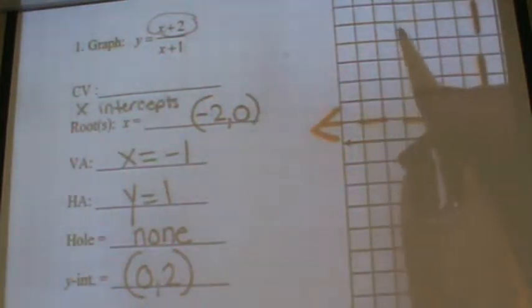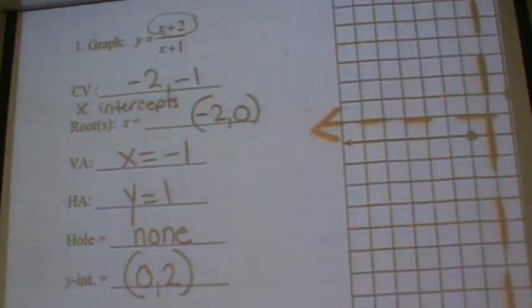Now, this CV. CV stands for critical values. You are going to take the numerator and the denominator. This is tricky. You set the numerator and denominator both equal to 0. At -2 and at -1, the graph is going to change direction.